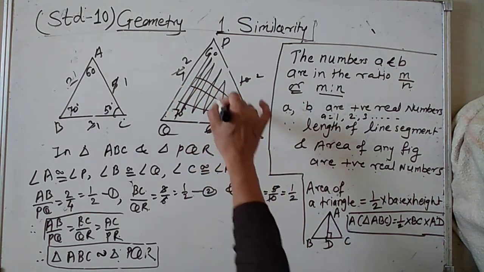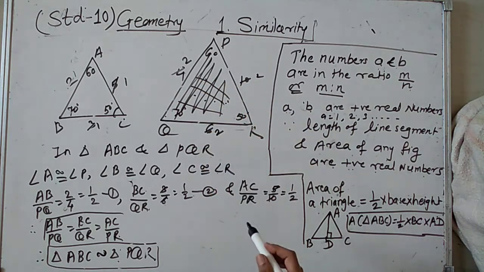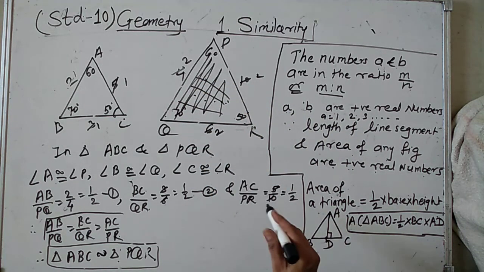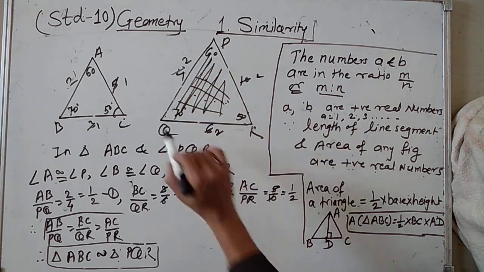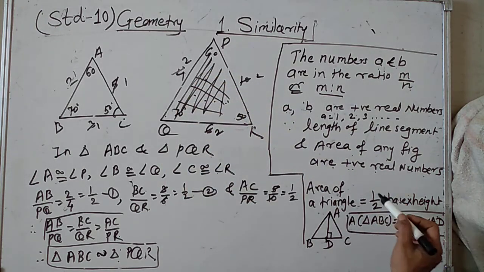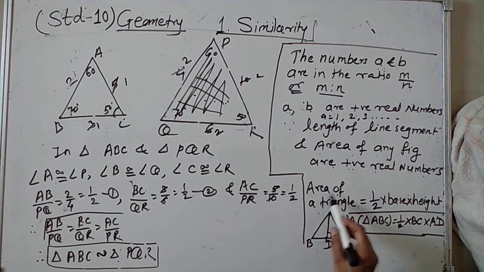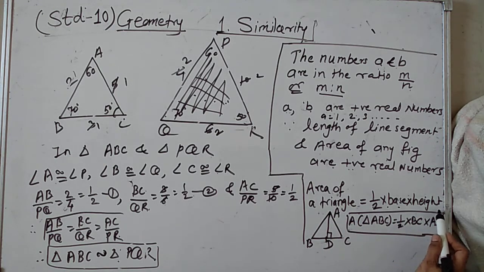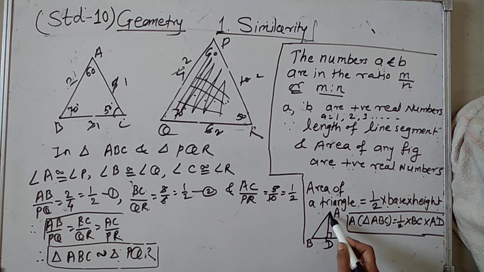It is expressed in positive numbers, area never negative. So area and length are always expressed in positive numbers. Now the formula of area of a triangle is half base into height. So in this triangle ABC, the area of triangle ABC is equal to half base into height.